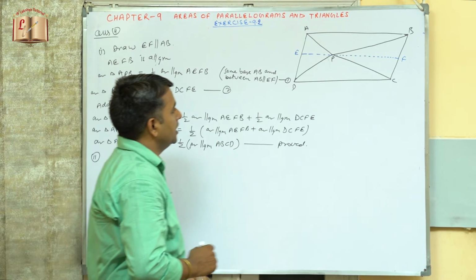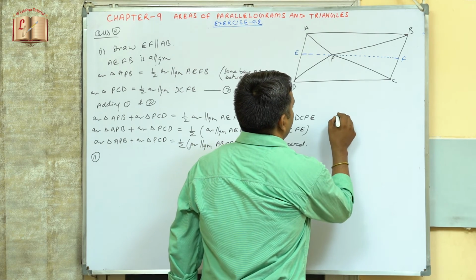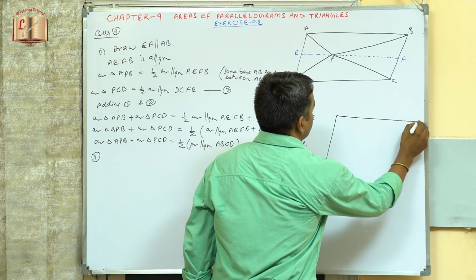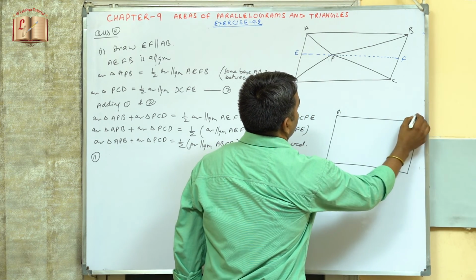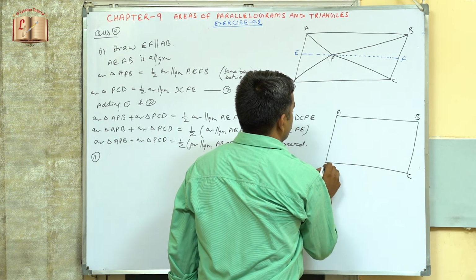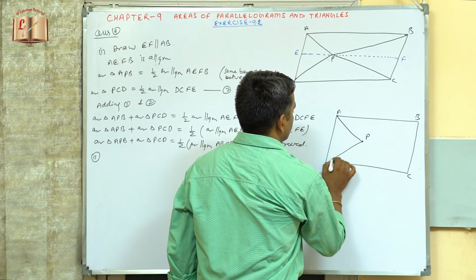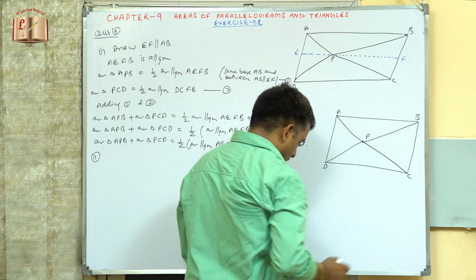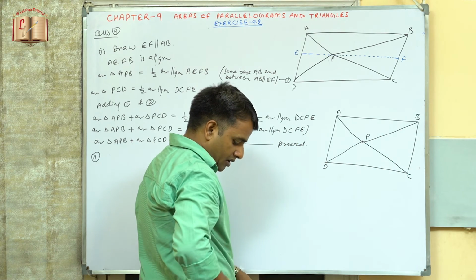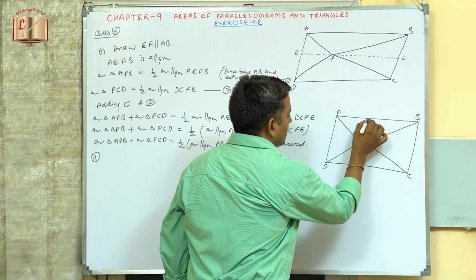For the second, again we'll make this diagram. So this is now A, B, C and D. This point is P. To prove the second, we'll make a line parallel to AD.